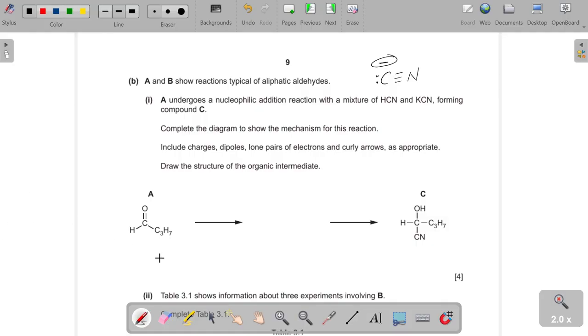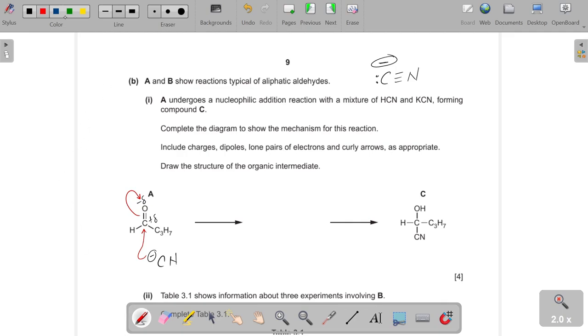So you have this cyanide CN group acting as a nucleophile. And here you have this electrophilic carbon, because carbon is attached to electronegative oxygen. So this negative will attack this carbon and one of the bonds will break.